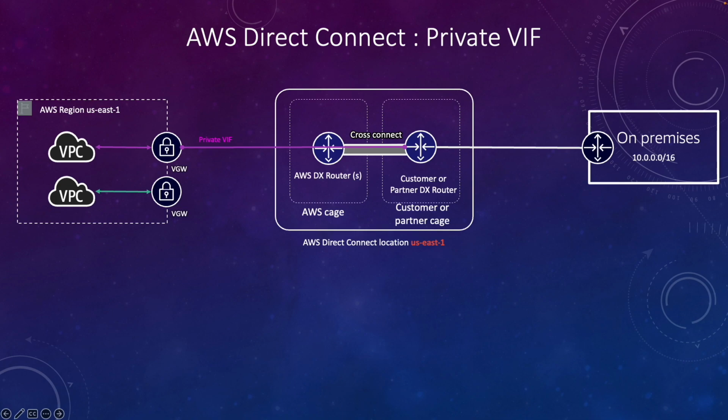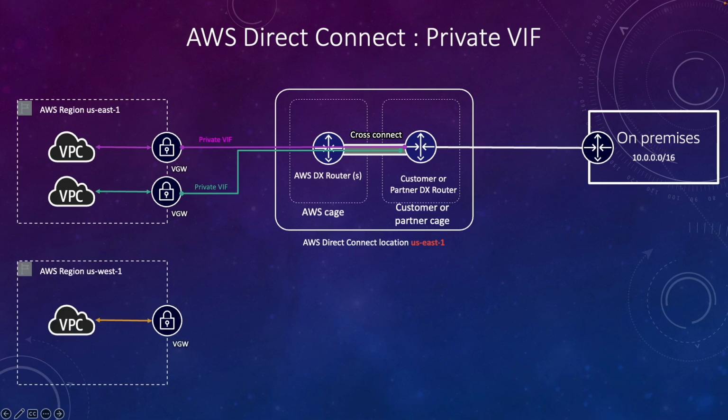Similarly, if I have another VPC and the on-prem data center needs to access resources in that VPC as well, we can create another private virtual interface over our existing Direct Connect connection. And we know that we have a limit on how many virtual interfaces we can create over a single Direct Connect connection.